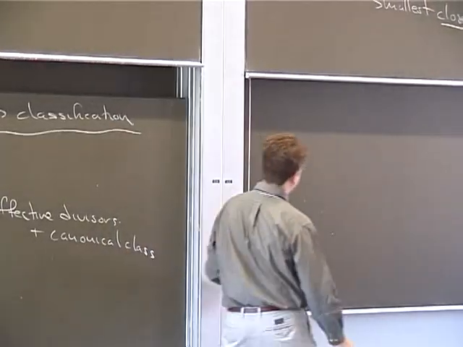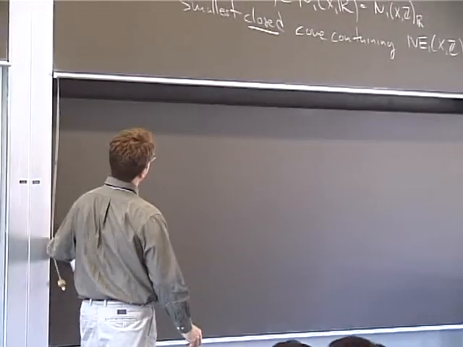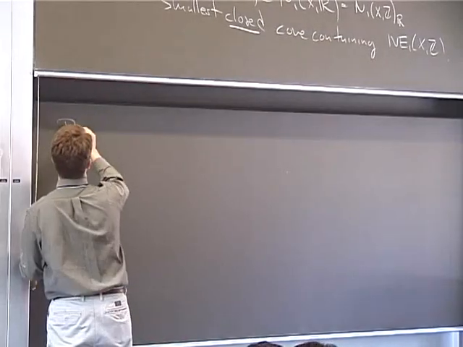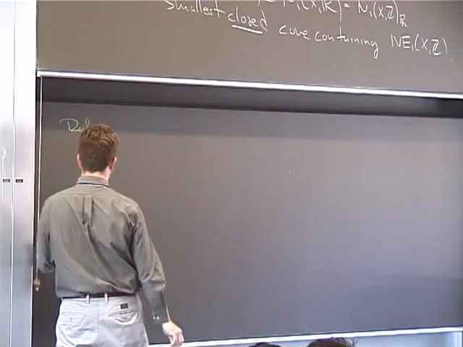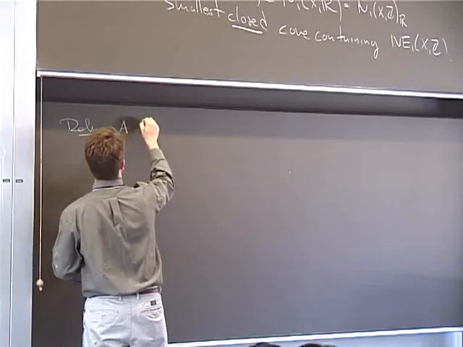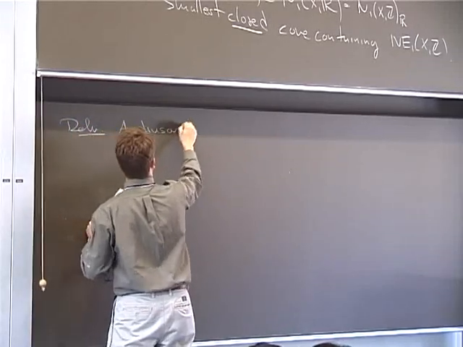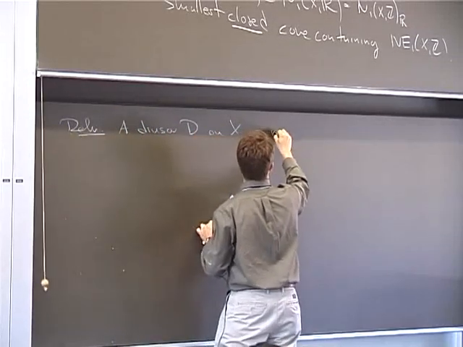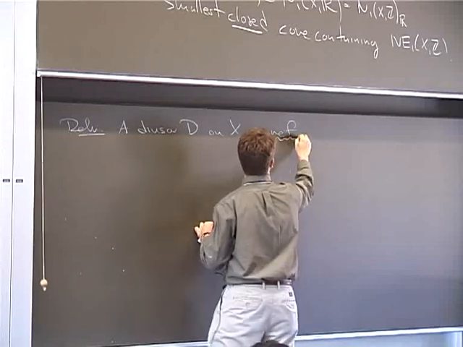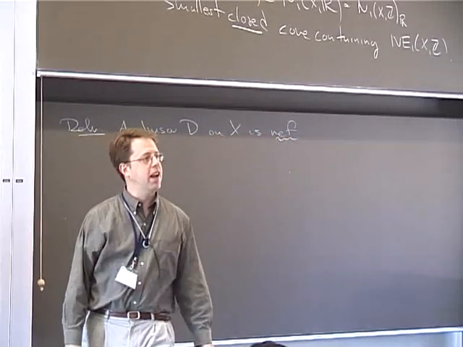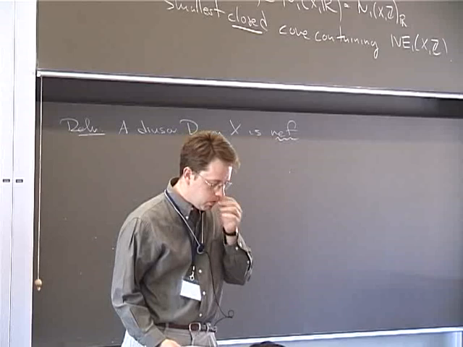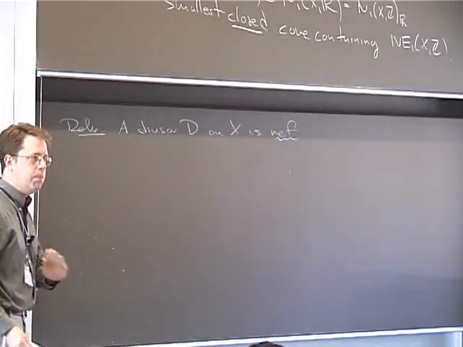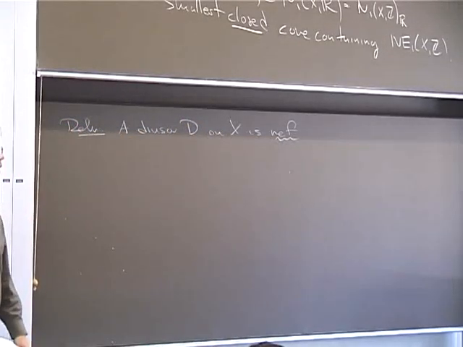So let me just make one other definition. A divisor D on X is NEF. I don't actually know what NEF means, and there's some controversy. Some people say it's numerically eventually free. Some people say it's numerically effective.